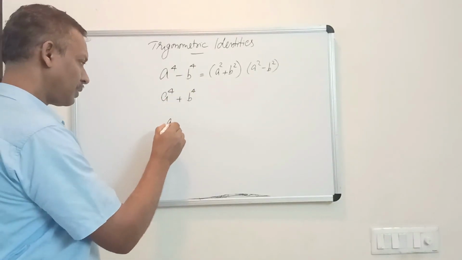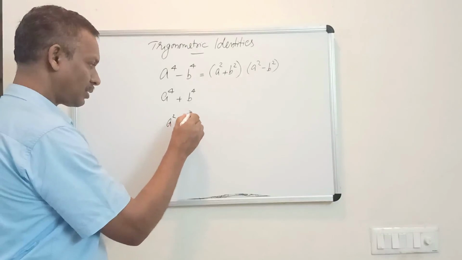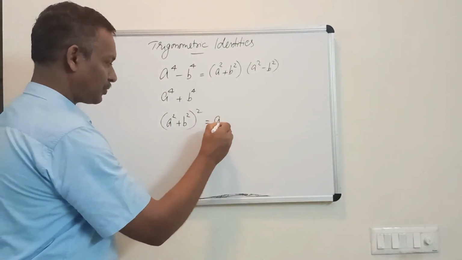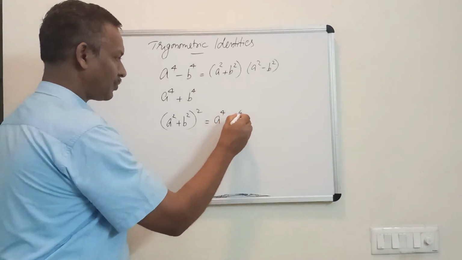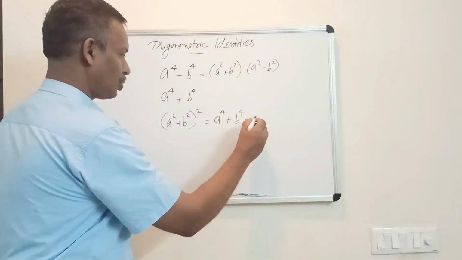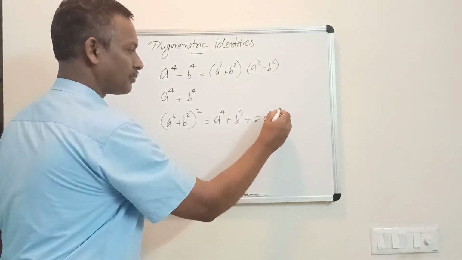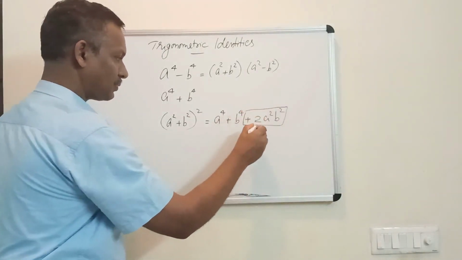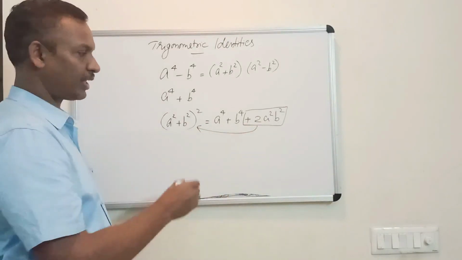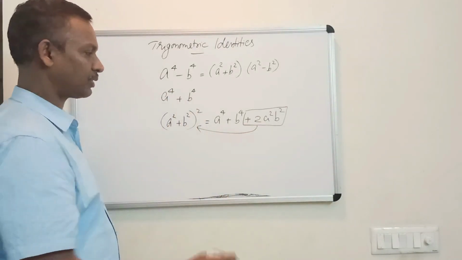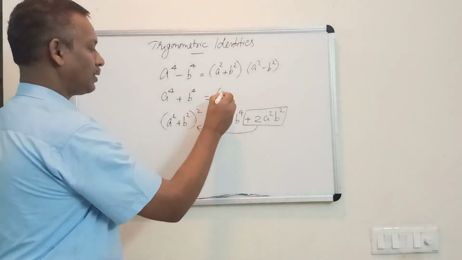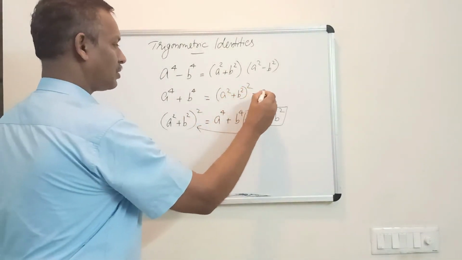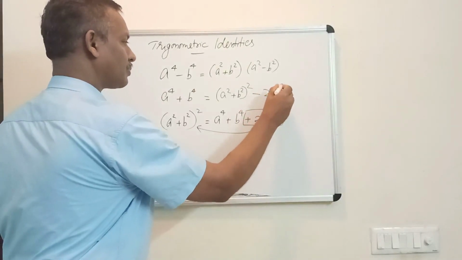It is coming from a square plus b square the whole square. It is a raised to 4 plus b raised to 4 plus 2a square b square. Then we have to shift this portion to the left side. So a raised to 4 plus b raised to 4 is equal to a square plus b square the whole square minus 2a square b square.